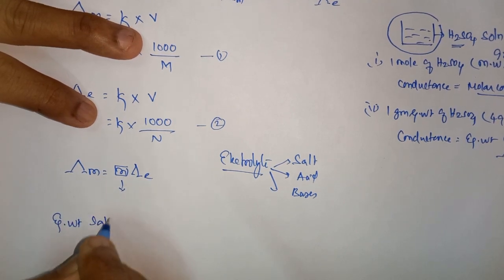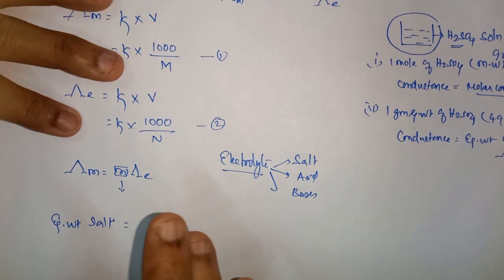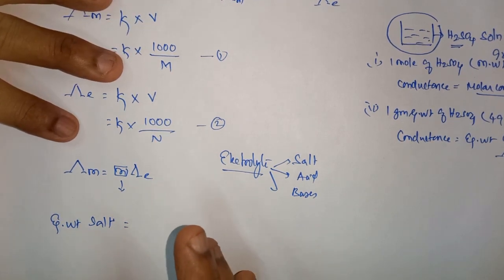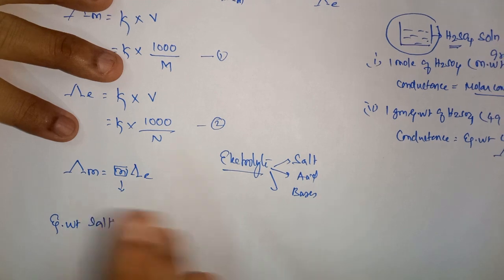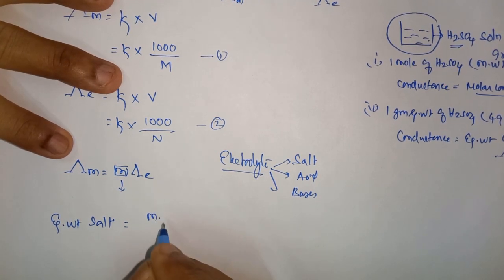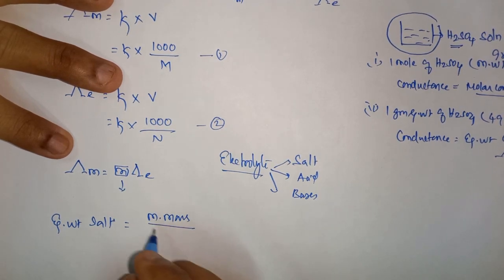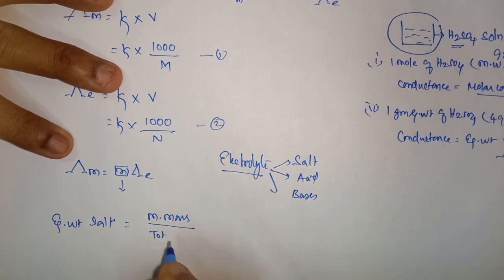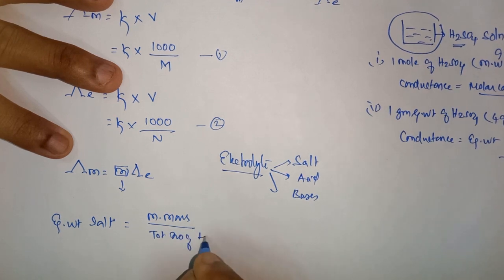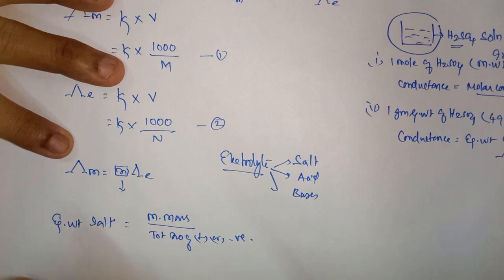For a salt which is not acting as an oxidizing or reducing agent, the equivalent weight is equal to molecular mass divided by the total number of positive or negative charges. This is the equivalent weight of any salt.